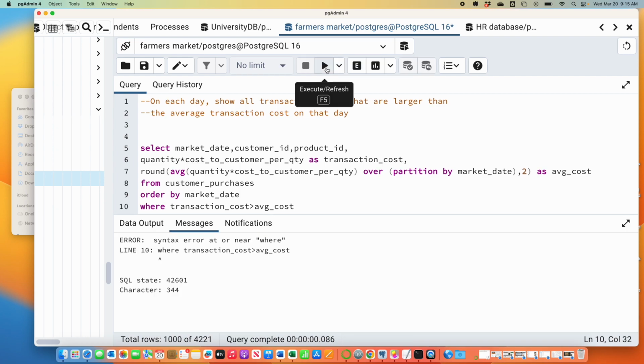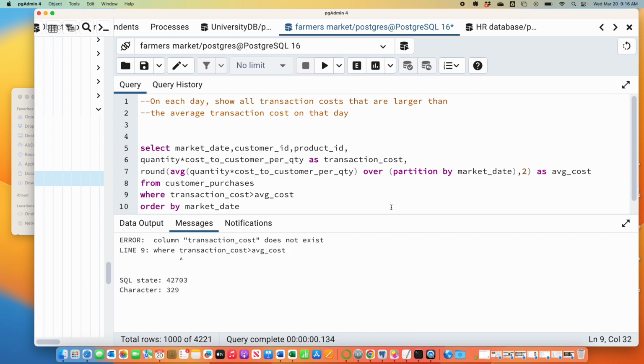I'm not sure it'll let me do that. Oh, well, first of all, I have to respect the order of SQL, right? Order by comes at the end. Yeah, so, let's see if I can. It doesn't let me use the aliases. Some of you it does let you use. Let's see if even if I do this, if it'll let me do it.